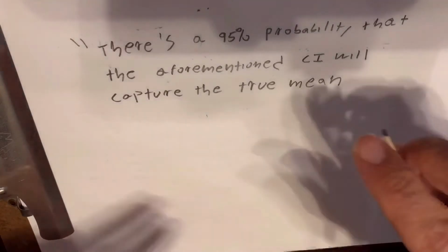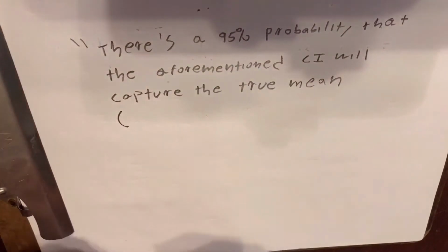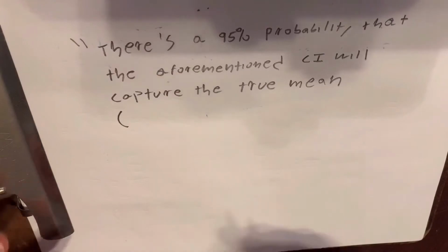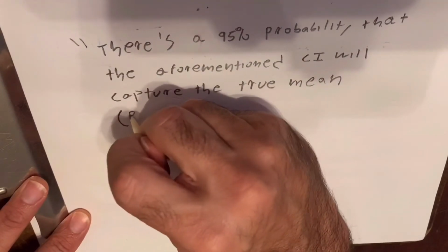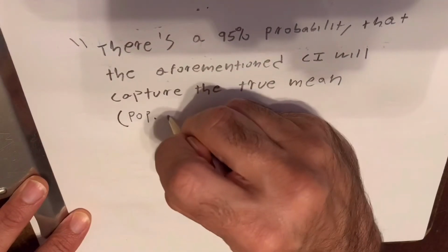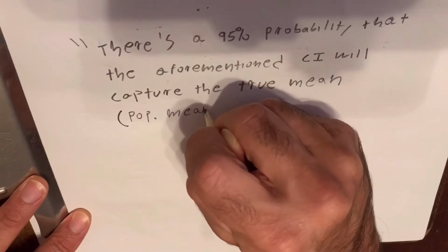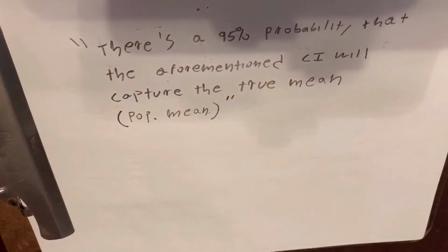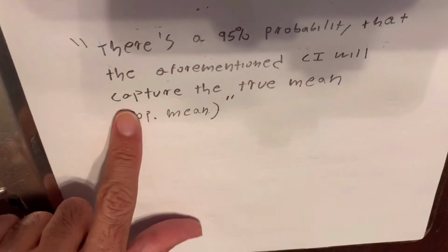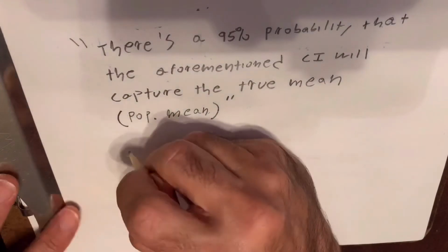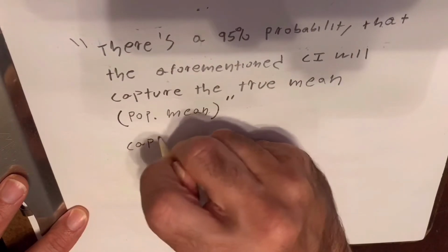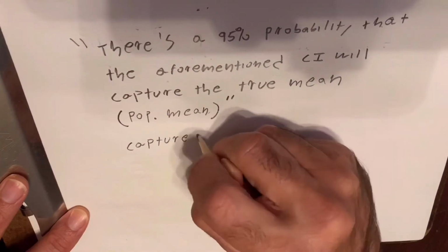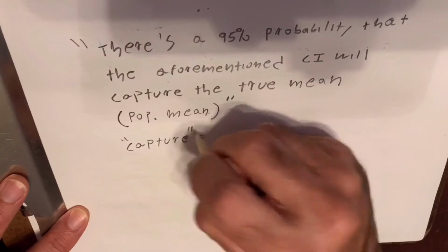And if you really want to show your professor you really know what you're doing, the true population mean. Now you could also, instead of using the word capture, you could use the word cover.